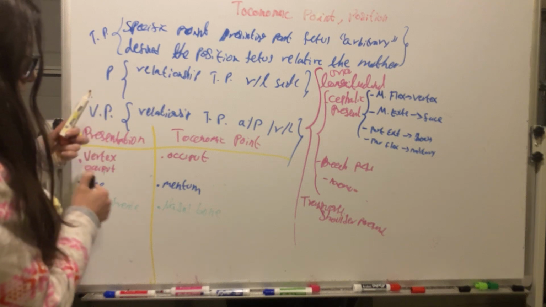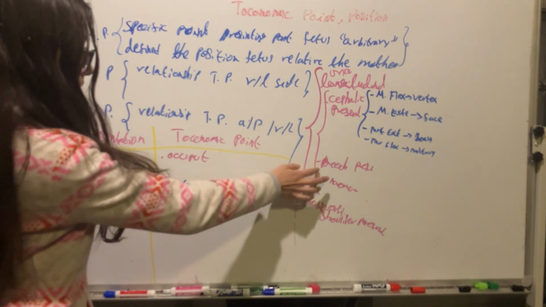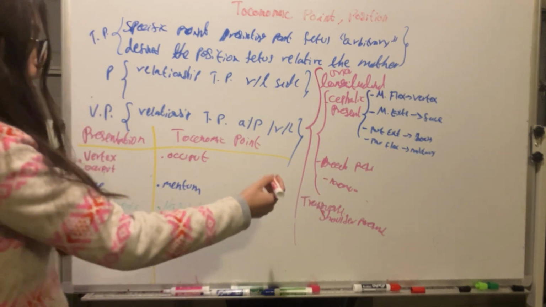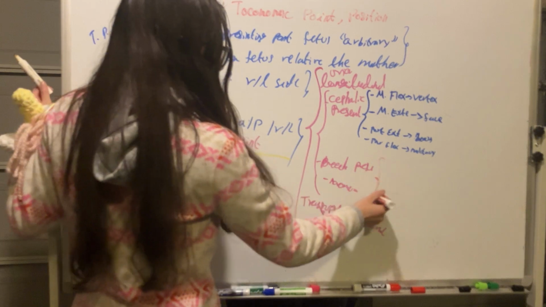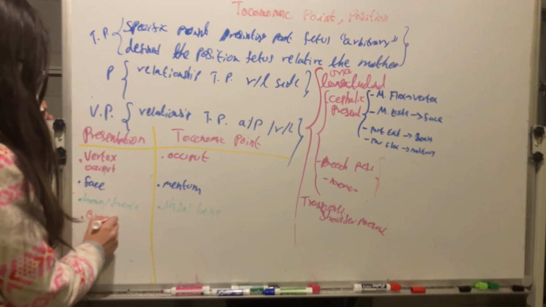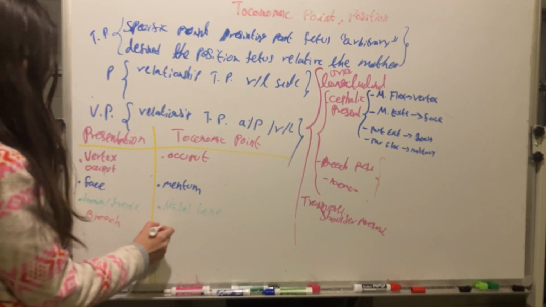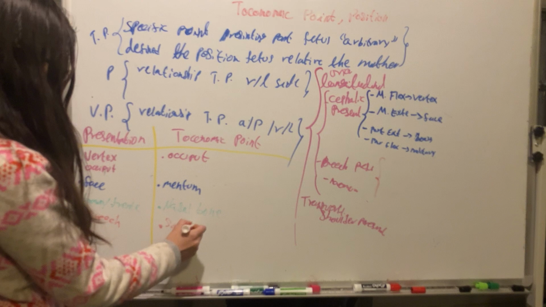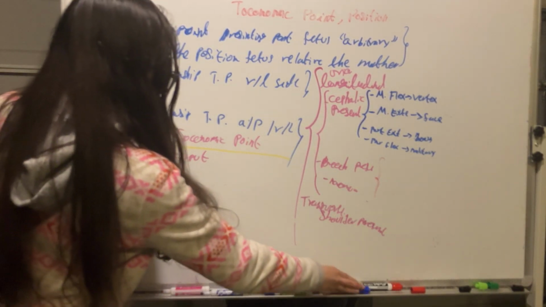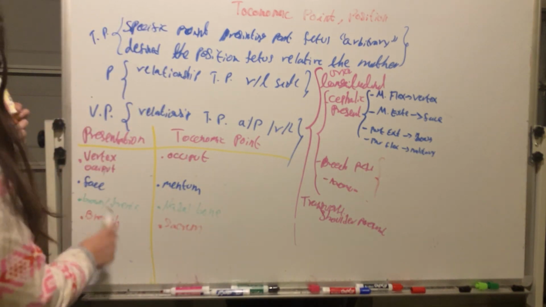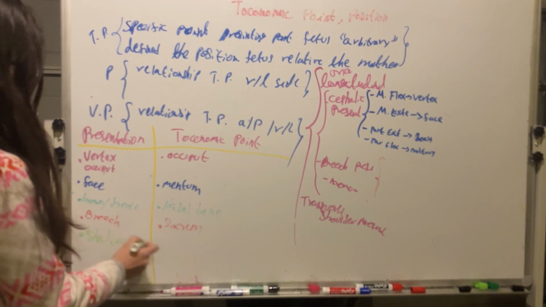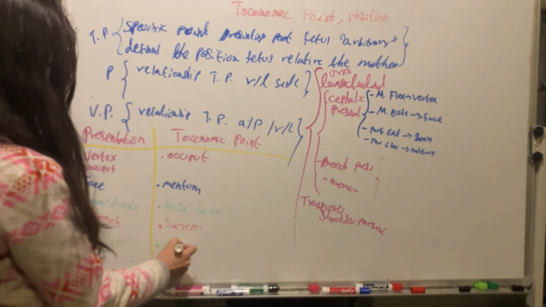If we have the breech presentation, the tocogonic point is the sacrum of the baby. And if we have shoulder presentation, the tocogonic point is the acromion.